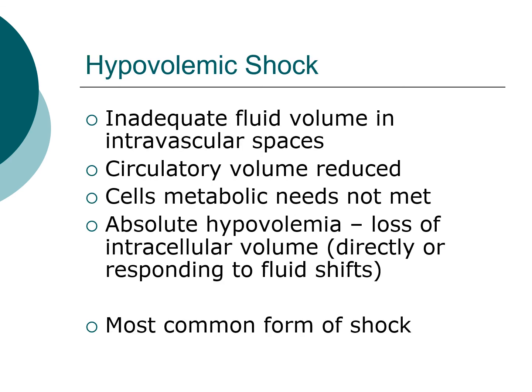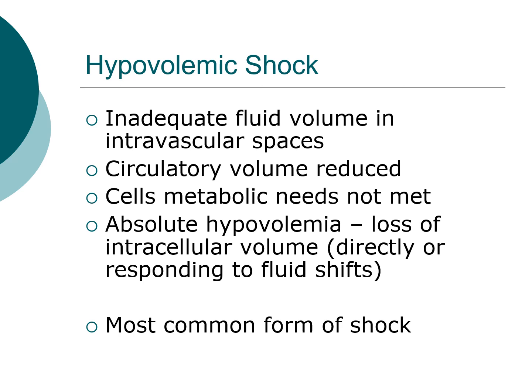So this is our more common form of shock. I presented sepsis first because this is obviously a huge concern for patients and for reimbursement and for best outcomes for a patient. But our most common form of shock really is hypovolemic. So that is inadequate fluid volume. This is not relative hypovolemia, where there's been vasodilation.